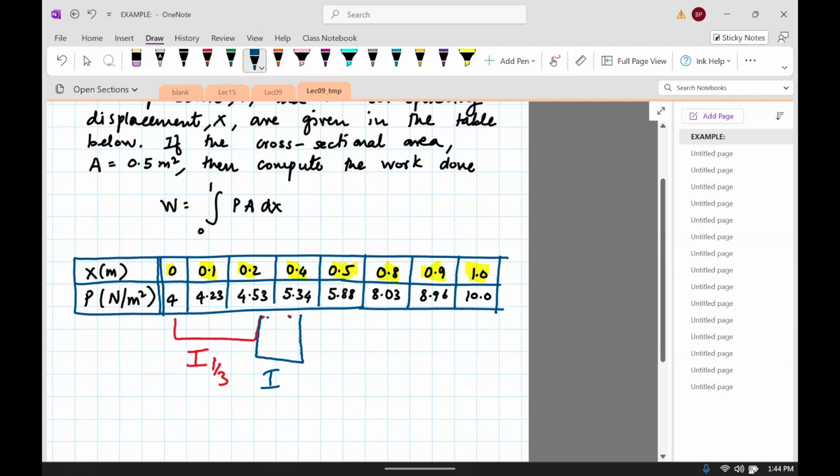And remember, with 2 points, you cannot use Simpson's 1/3 rule. You need to use either trapezoidal or rectangular, but trapezoidal is more accurate. So we'll stick with trapezoidal here. Okay, next we go from 0.4 to 0.5. Again, we notice that you just have 2 points because after that, the grid changes non-uniformly. So here we'll also have to use trapezoidal.